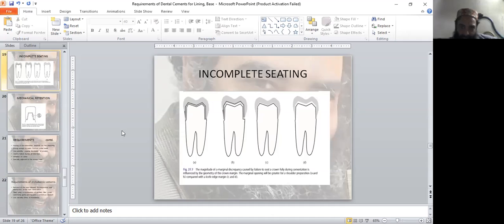Now, incomplete seating. If we see this picture, you can see this crown is fully seated at these areas. And here it is not seated completely. You can see there and there a large gap.